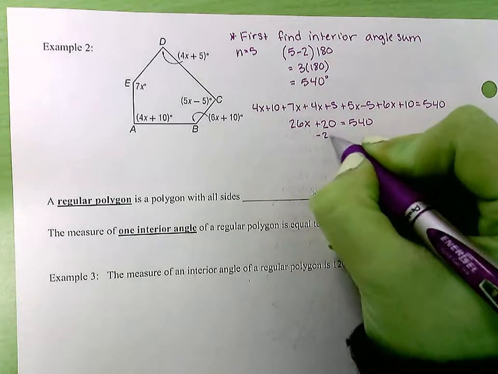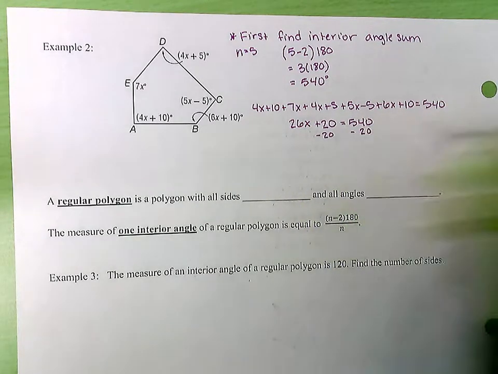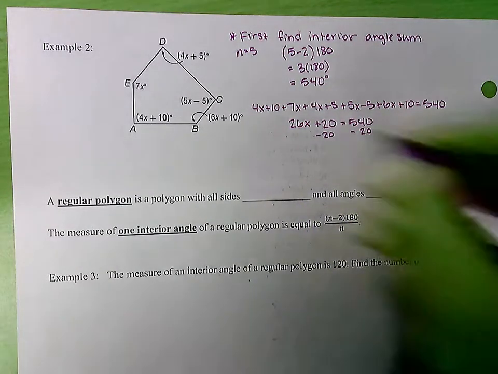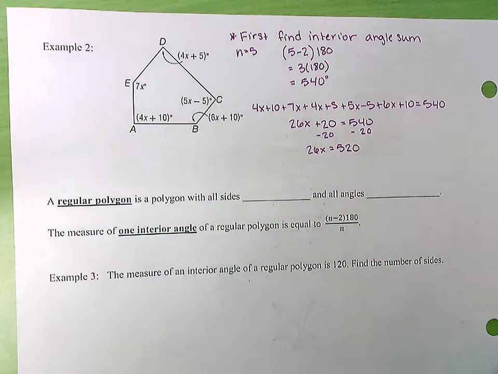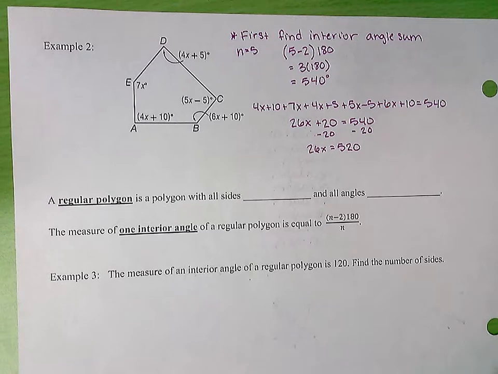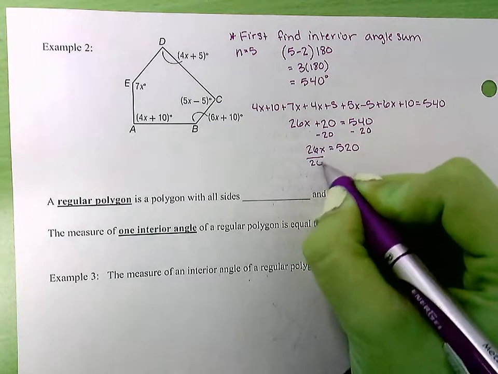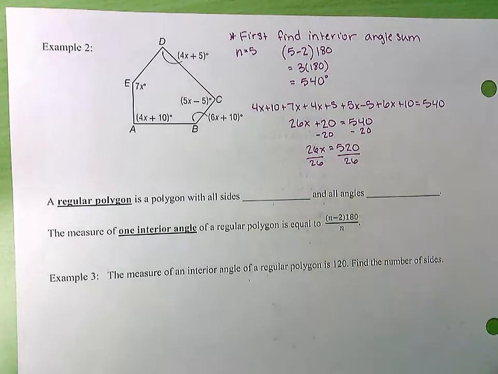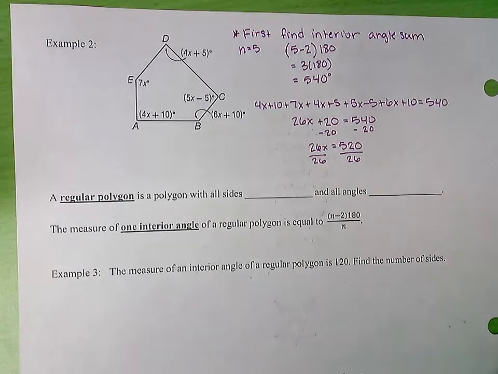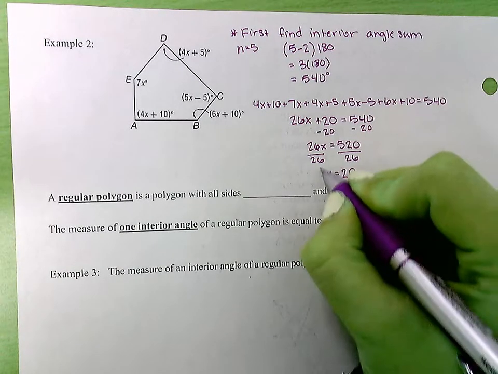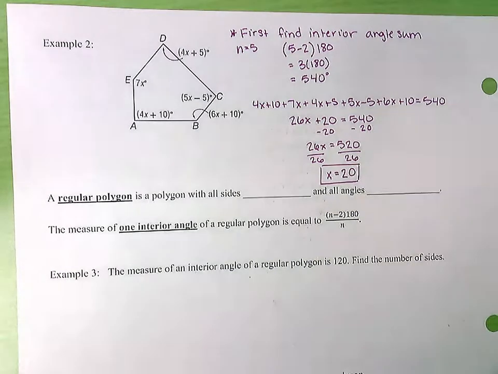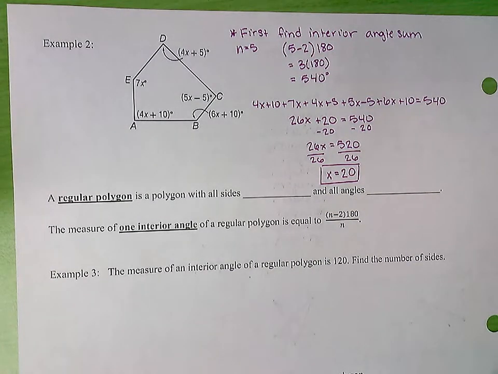So I'm going to subtract 20 from both sides. So I have 26x is equal to 520. Divide both sides by 26. And x will equal 20.